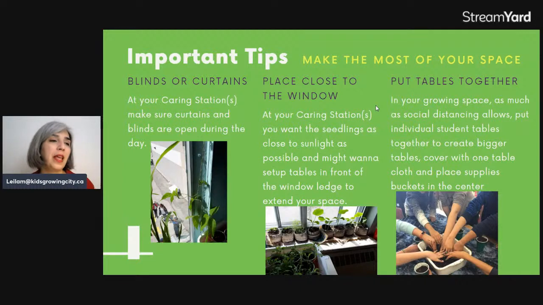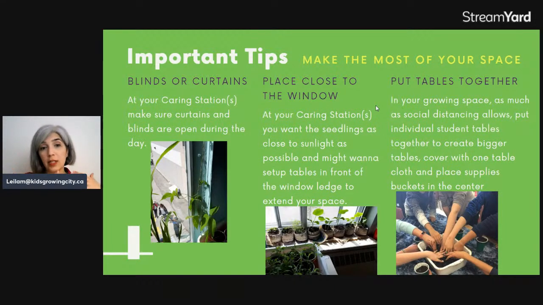Now, you do want to place your seedlings as close to the window as possible, especially during the beginning of the season, and towards the later in the season, when the sun is actually higher in the sky and the shadows are shorter, so the sunlight that actually comes into your caring space is shorter.